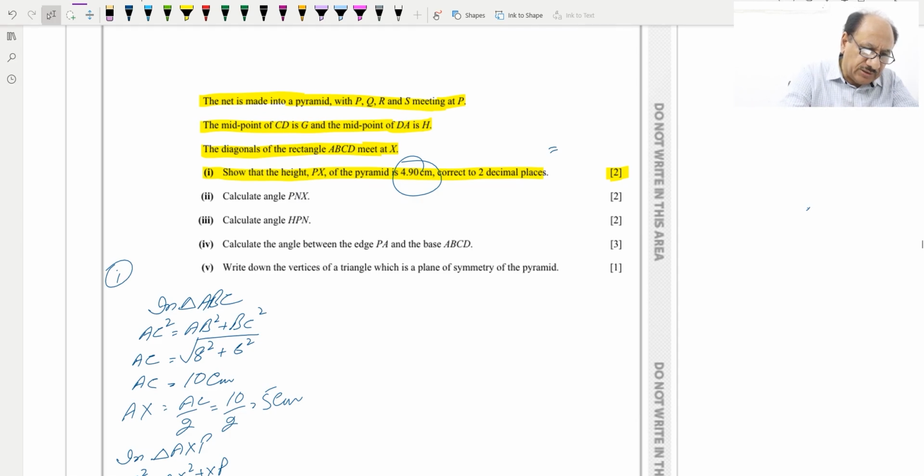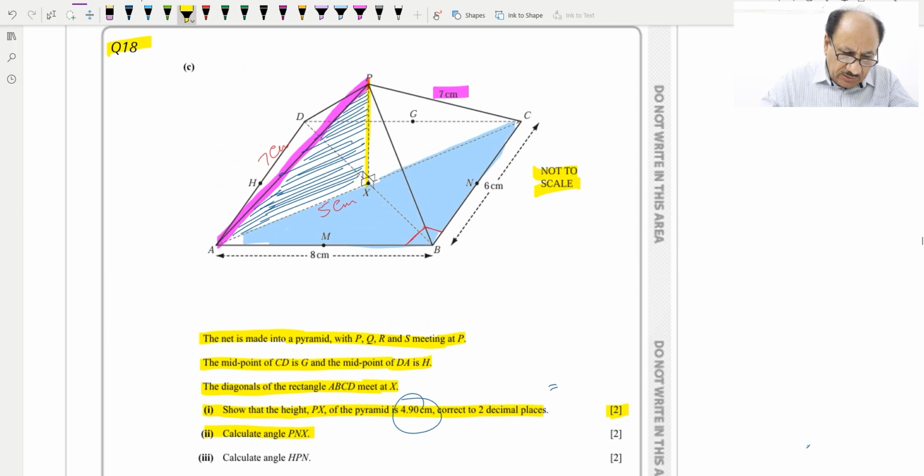Now part second says calculate angle PNX. So PN and X, we need to first identify. We'll join P and N. This is PN, and X we need to join. X will be this one. So PNX is this angle which is required.